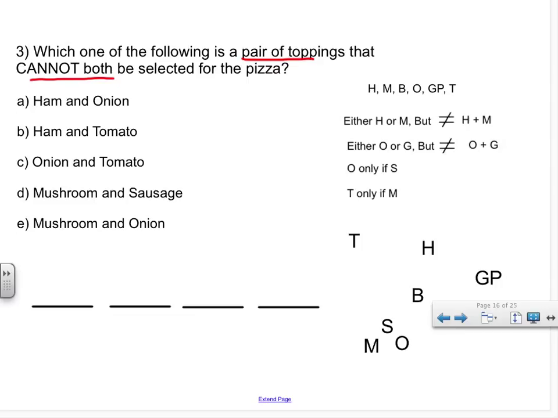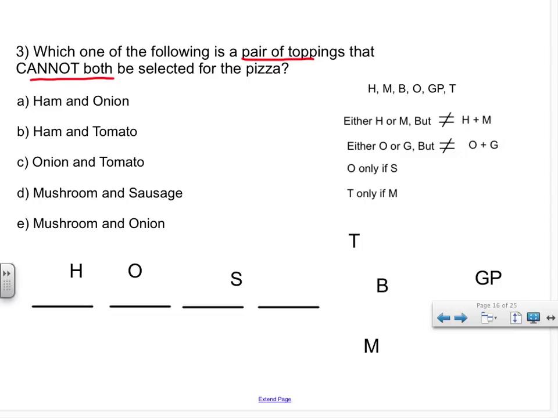So A says ham and onion, B, ham and tomato, C, onion and tomato, D, mushroom and sausage, and E, mushroom and onion. So let's try ham and onion to start with. Okay, so I have my H and O, and now let's try and fit into the diagram two other options.